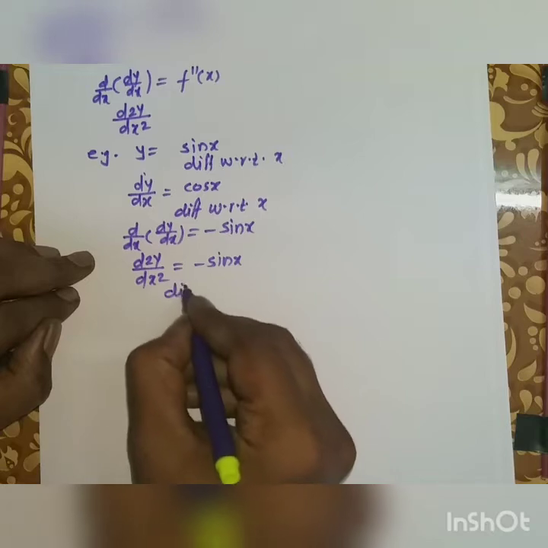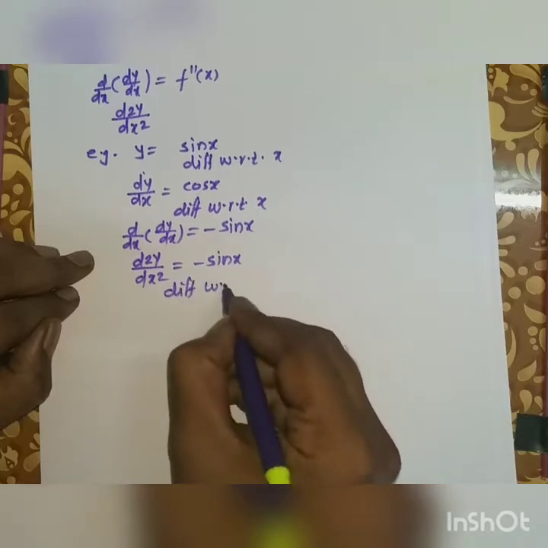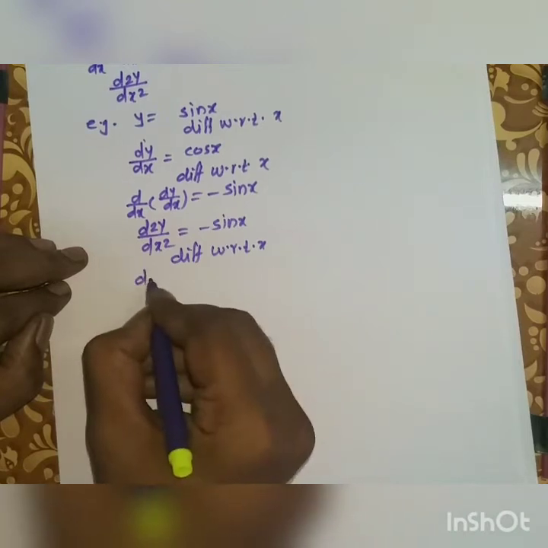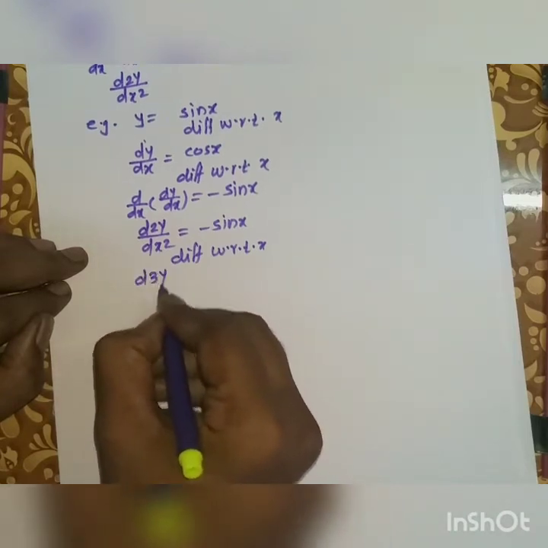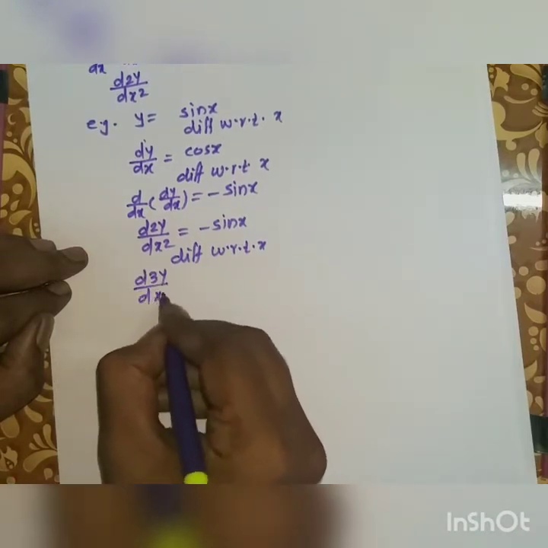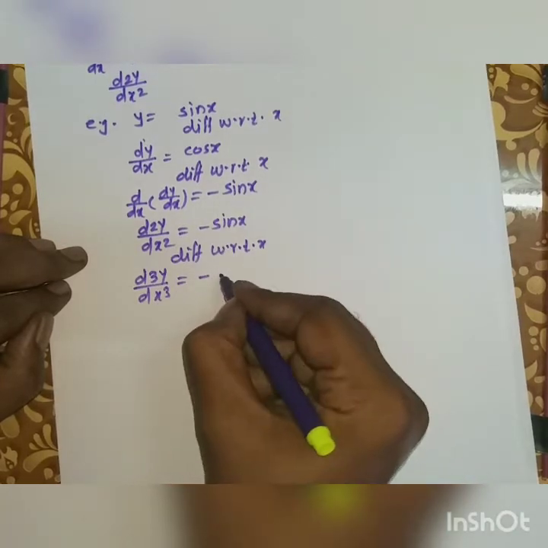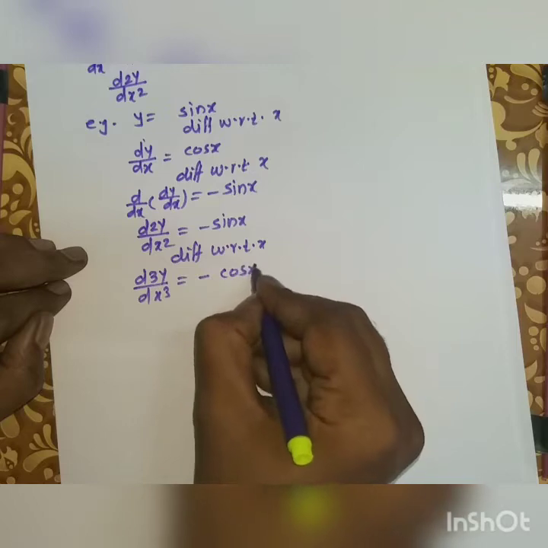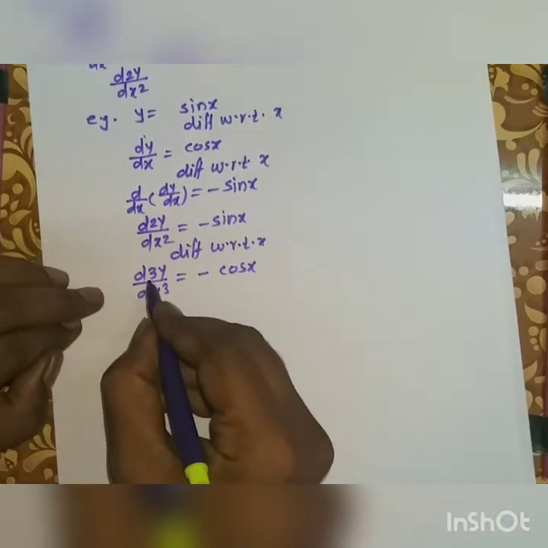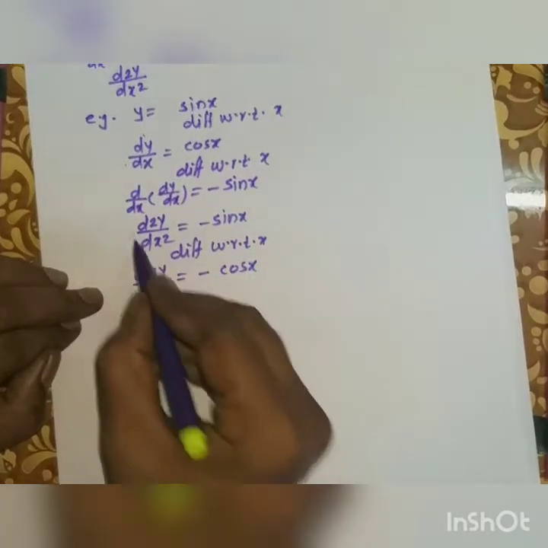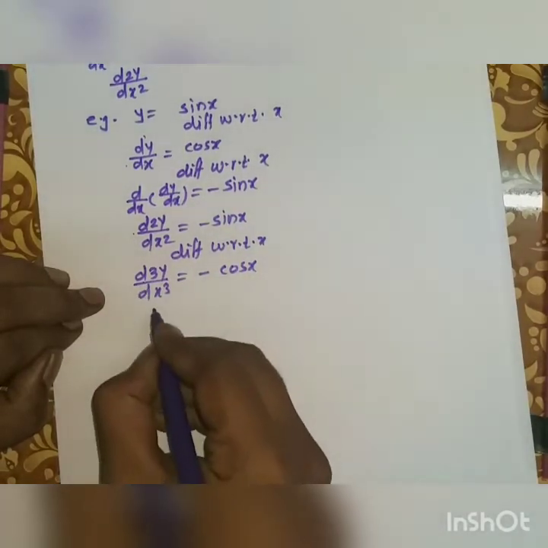Again this is also differentiable. Differentiate with respect to x, then d3y by dx cube is equal to minus cos x, the derivative of sin x being cos x, which is called the third order derivative. First order derivative, second order derivative, third order derivative.